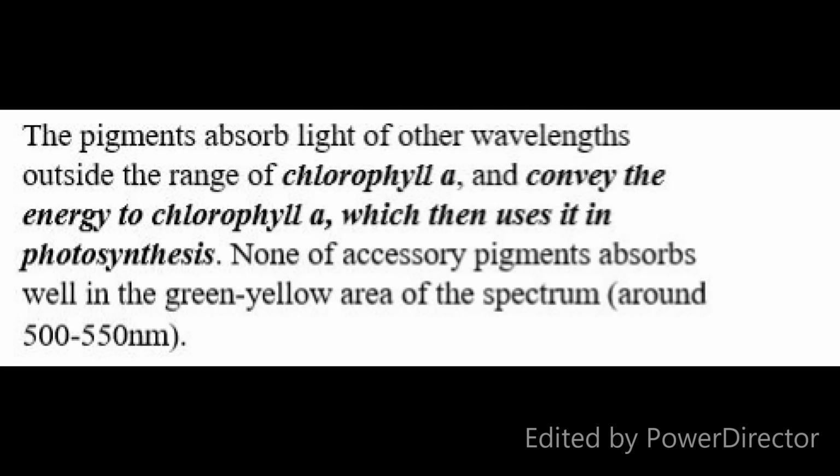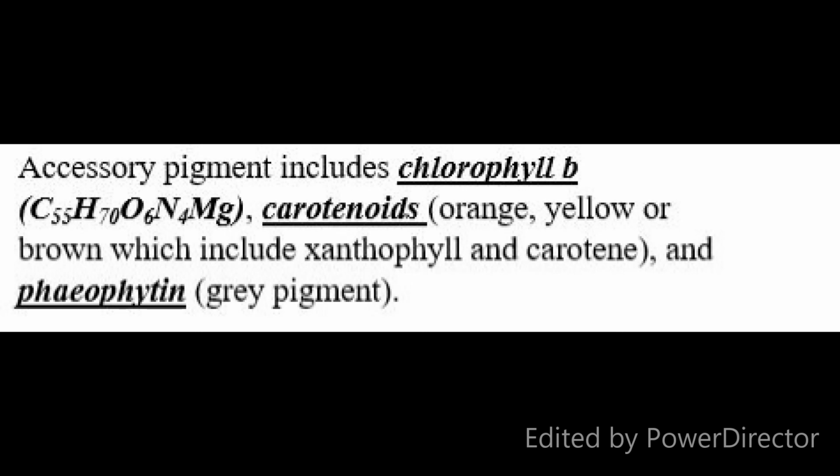The pigments absorb light of other wavelengths outside the range of chlorophyll a and convey the energy to chlorophyll a, which then uses it in photosynthesis. None of the accessory pigments absorb well in the green-yellow area of the spectrum. Accessory pigments include chlorophyll b, carotenoids, and phycobilins.